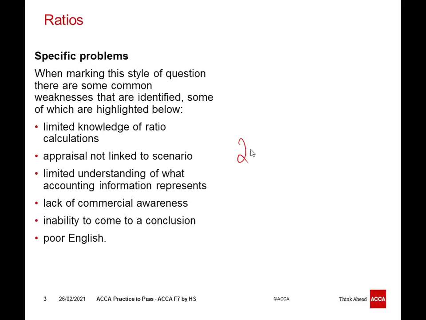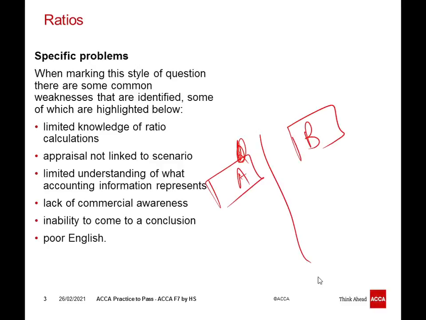Similarly, if you are comparing two companies, company A and B, and you want to know which one is better, you first have to identify what are the areas that distort the comparison. Like if company A is following the cost model for IAS 16 and company B is following the revaluation model, and the prices are increasing over the period, what will be the impact of this particular difference?